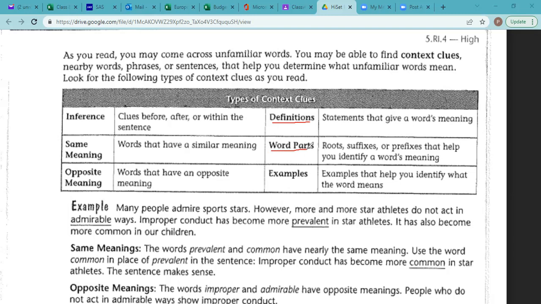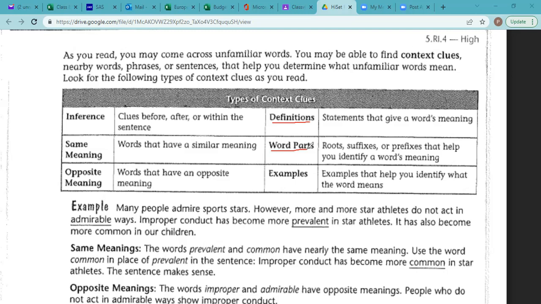So let's say, for instance, we have the word familiar. Hey, that person looks really familiar, like someone I would know, someone that I recognize. Now, that would be your root word. A prefix is something you would add on to the beginning of a root word.